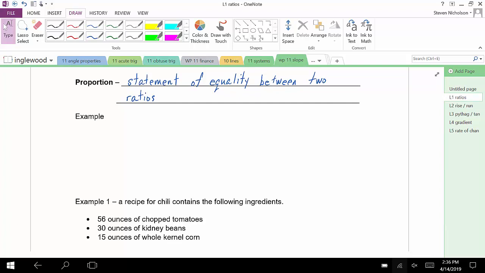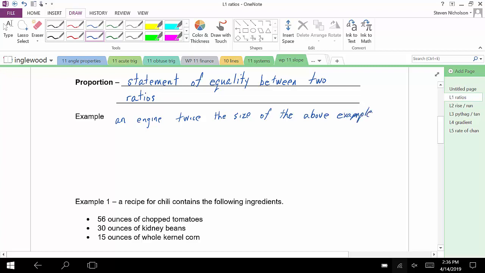So with my example above, if we had an engine twice the size of the above example, well, instead of 15 liters of gas to 1, we would have 30 liters of gas to 2 liters of oil.